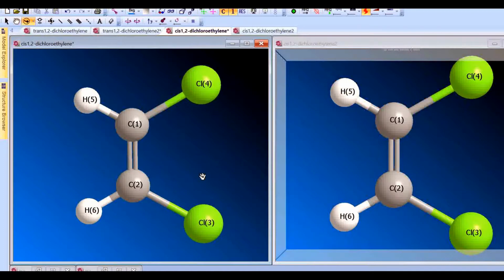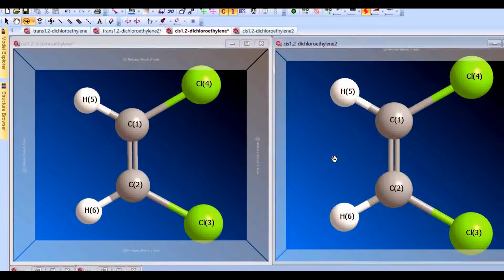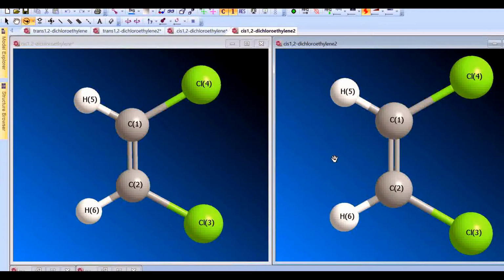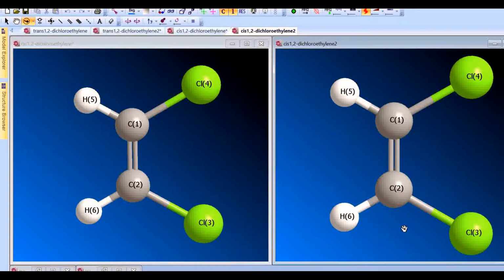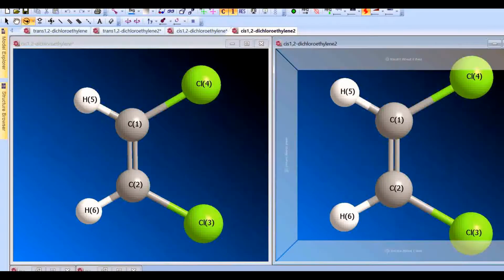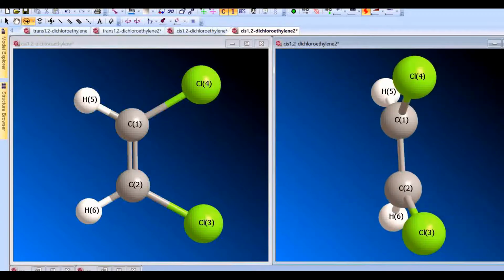So I have both the pictures now in the same manner. Left hand side is for reference, right hand side is for operation. The first operation is rotation of 180 degree around this axis, which means that the positions of the chlorine and hydrogen will be interchanged. I am performing the rotation. This is my rotation.